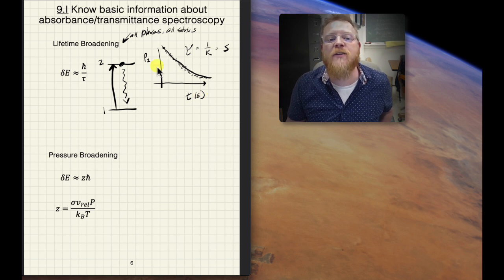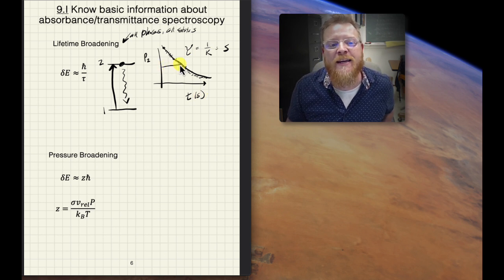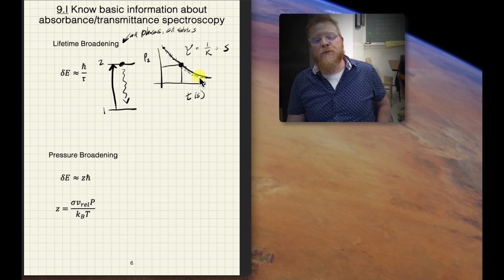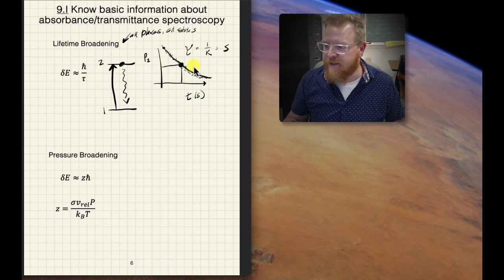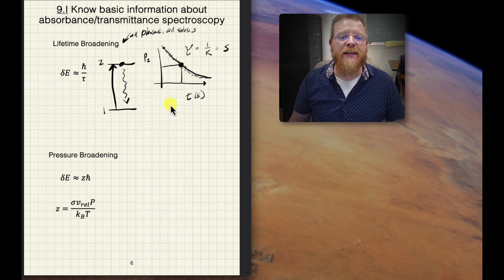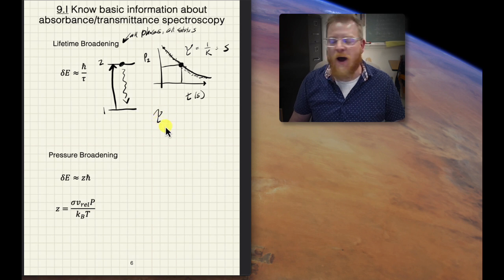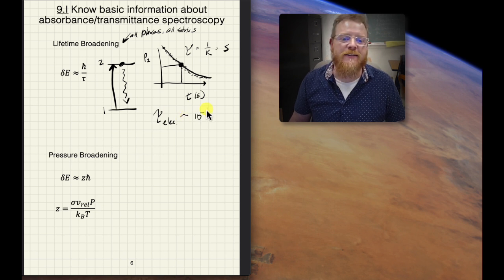Recall that lifetime is like 1 over the e-folding of the kinetic decay. Generally, lifetimes for electronic states are crazy fast, something like 10 to the minus 8 seconds, whereas lifetimes for the rotational states, for microwave spectroscopy, are quite slow, something like 1,000 seconds.